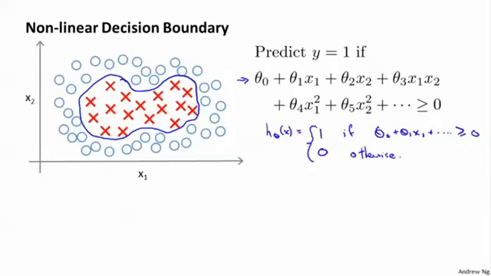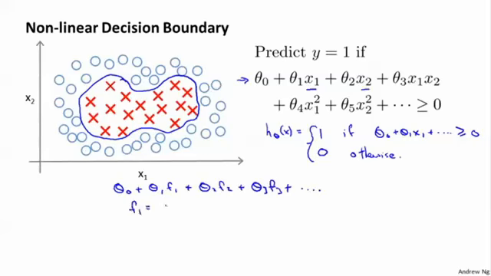And another way of writing this, to introduce a little bit of new notation that I'll use later, is that we can think of a hypothesis as computing a decision boundary using this. So theta 0 plus theta 1 f1 plus theta 2 f2 plus theta 3 f3 plus and so on, where I'm going to use this new notation f1, f2, f3 and so on to denote these new sort of features that I'm computing.